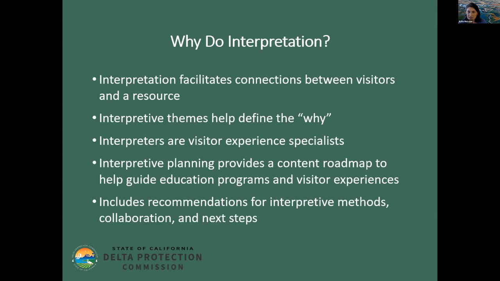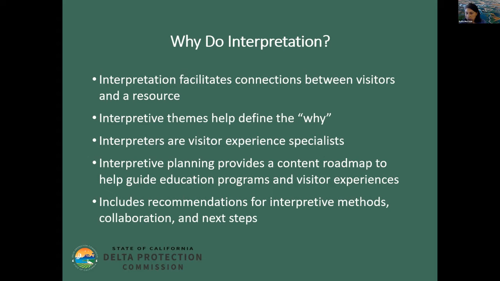It will be a tool that can help these sites further develop programs. And it also includes recommendations for interpretive methods. An interpretive method is how you present the information. It could be online media, could be in person, could be an interpretive panel that you see on the side of the road. It could be a brochure, anything like that.